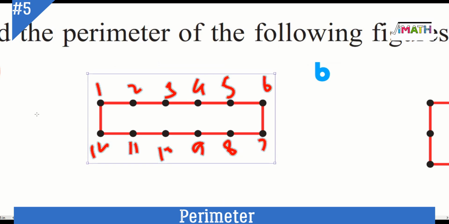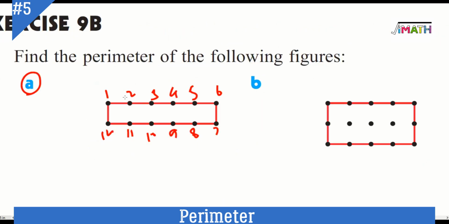Pardon? 12. The total length of this rectangle is going to be the perimeter.